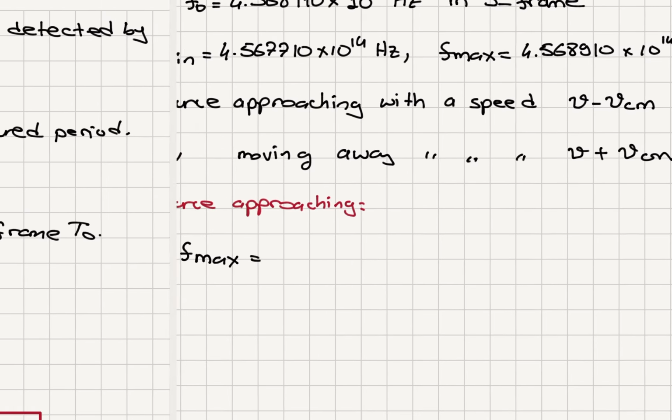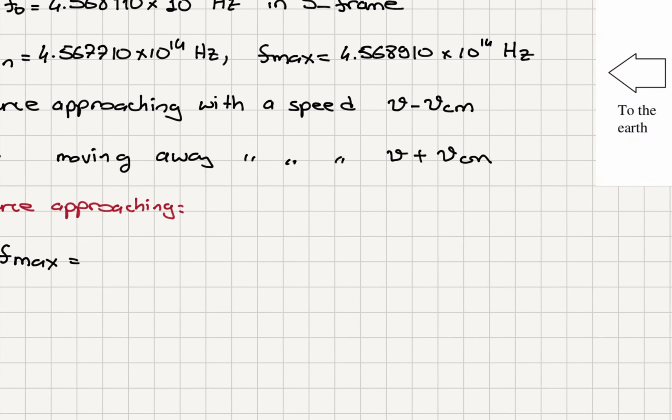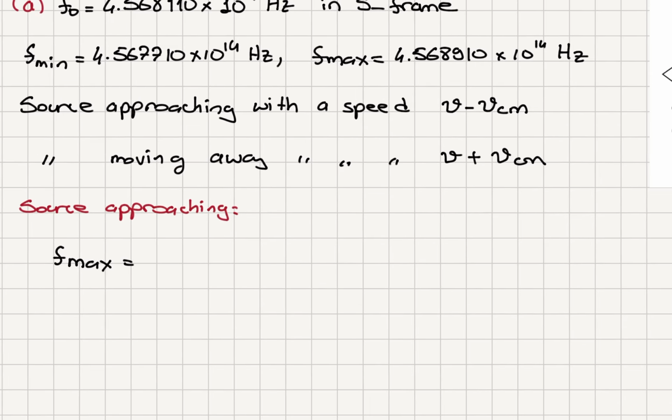Okay, so we can use our relativistic Doppler shift formulas. For the maximum frequency detected, it is the actual frequency f0 times square root of c plus u, where u is the relative speed of the source of the light with respect to the stationary observer.